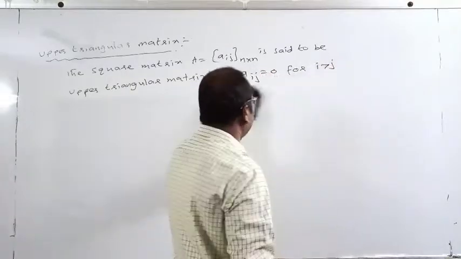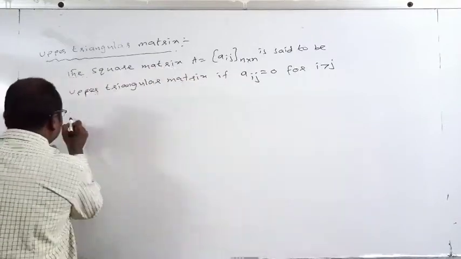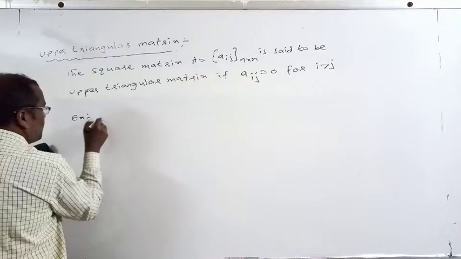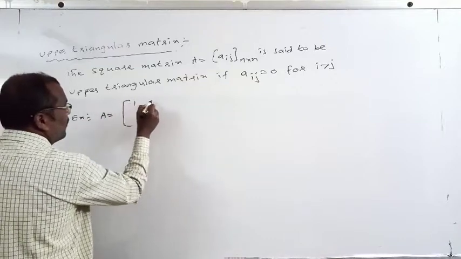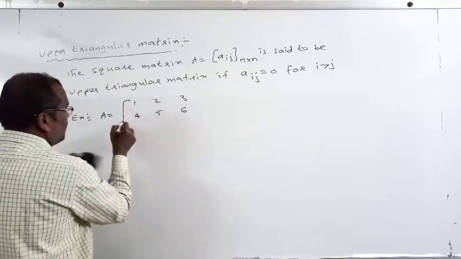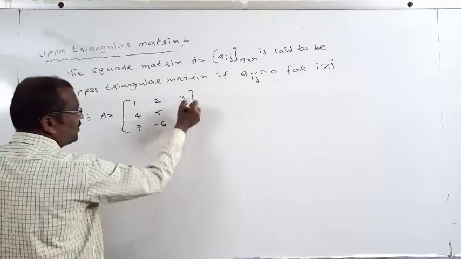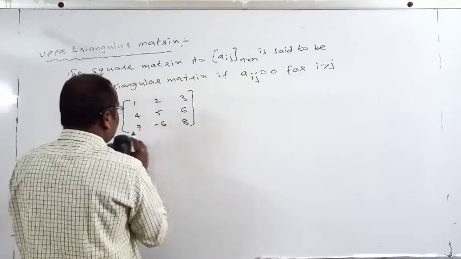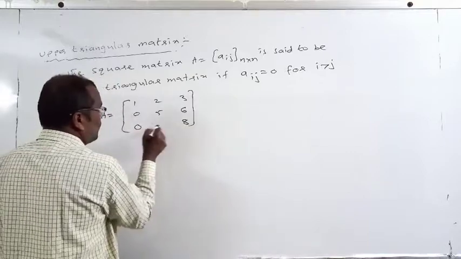So what is the meaning of this? See the example now. For example, A is equal to [1, 2, 3; 4, 5, 6; 7, -6, 8]. Zero, zero, and 0.